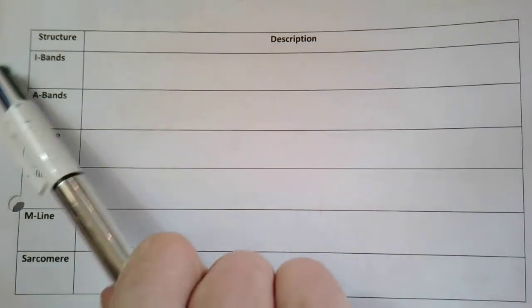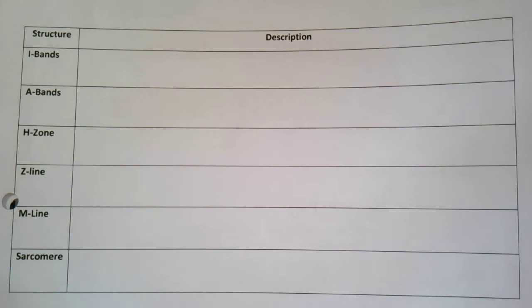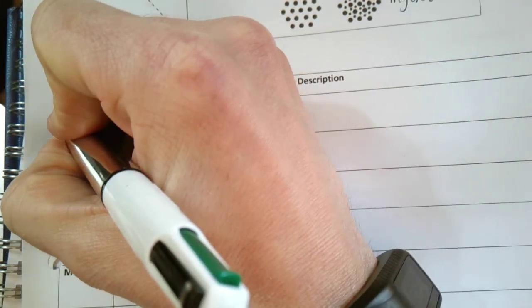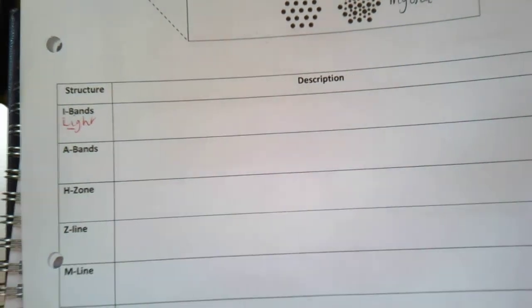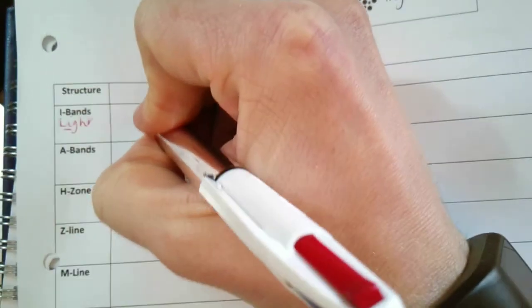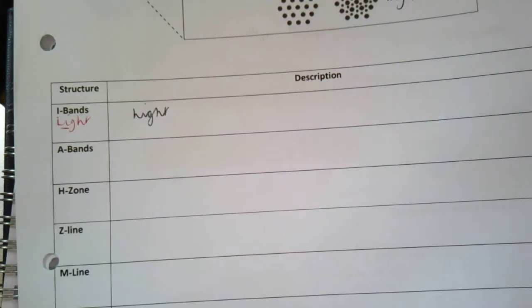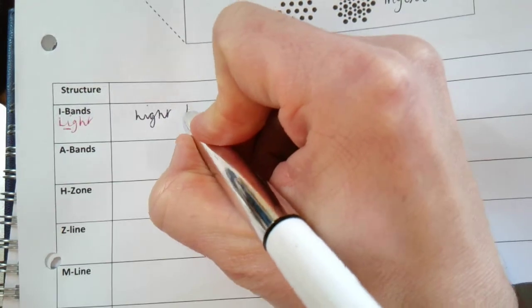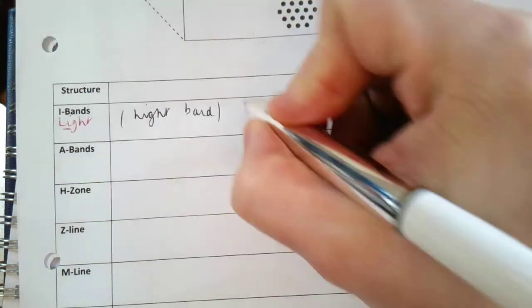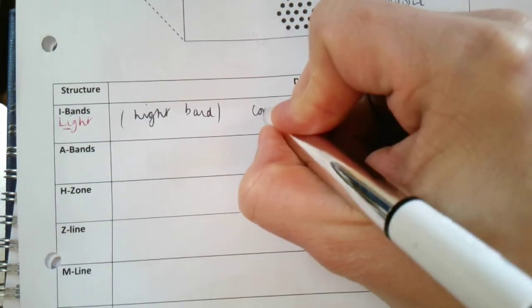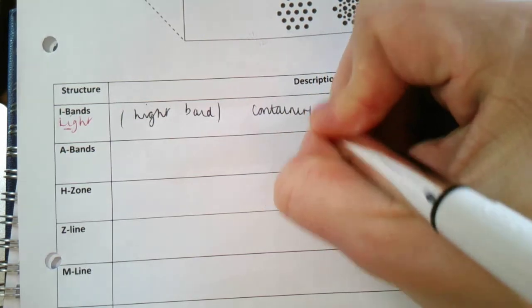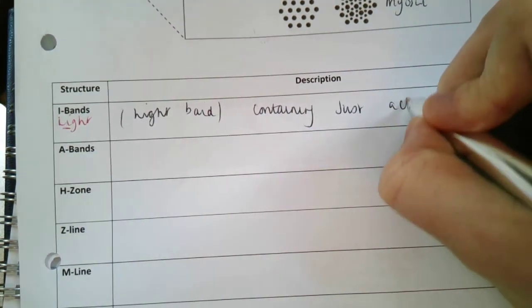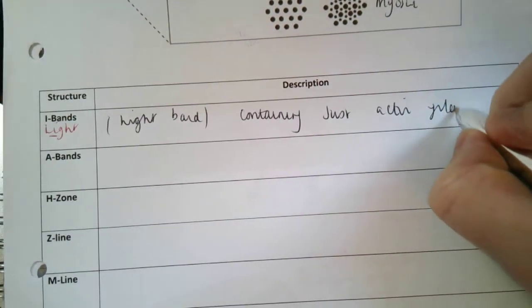Okay, so the I band, remember, we know the I band is the light band, because the second letter in light is I, and we know that they are the light band containing just actin filaments.